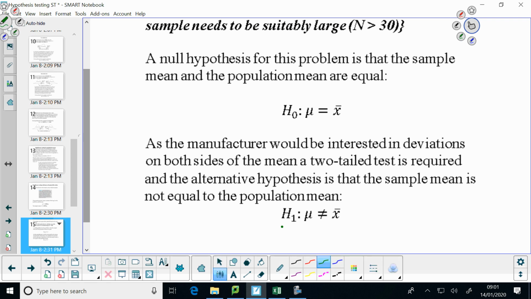If we accept the alternative hypothesis here, we would stop the machine and make adjustments to the weights being put in the bag. Do you understand that so far? Please speak up if you don't, and I'll try to explain it a bit differently.